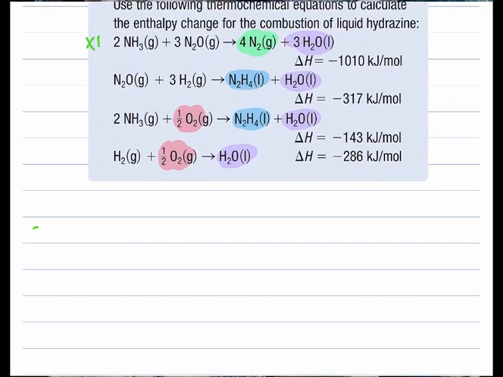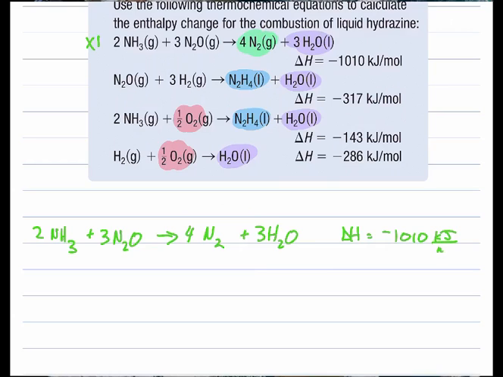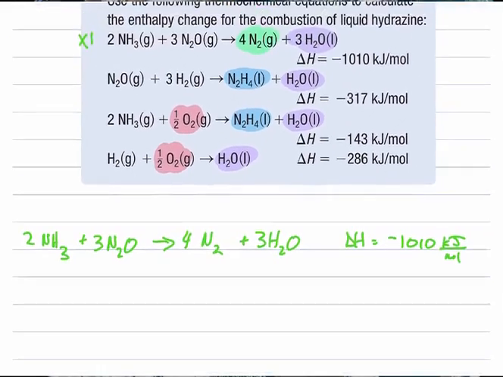So we have 2 NH3s, 3 N2Os, gives us 4 N2s and 3 H2Os, and our delta H is equal to negative 1010 kilojoules per mole.